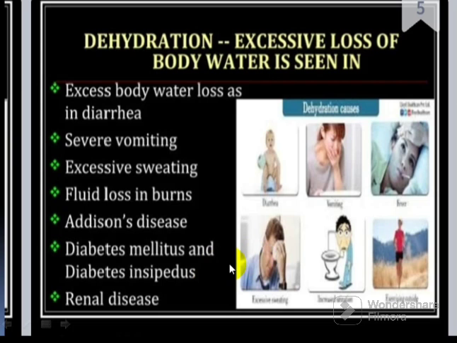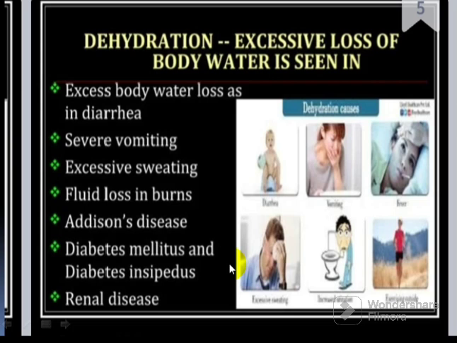Diuresis simply means excess water loss via the urine. You are passing out a lot of water in the urine. So when you have anti, it is against diuresis.